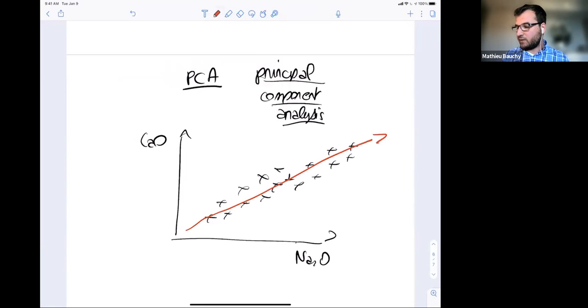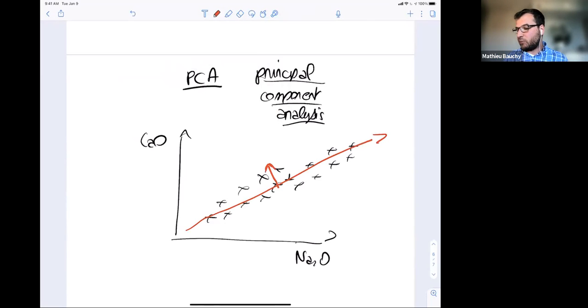If you just look along this axis, it can describe the variability of the data very well. And then if you want to consider how the glasses deviate from this axis that you have defined, then you would consider this second axis here.